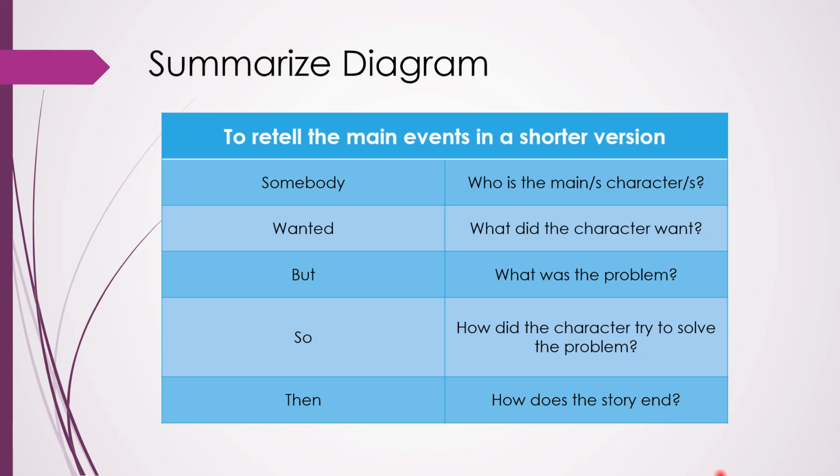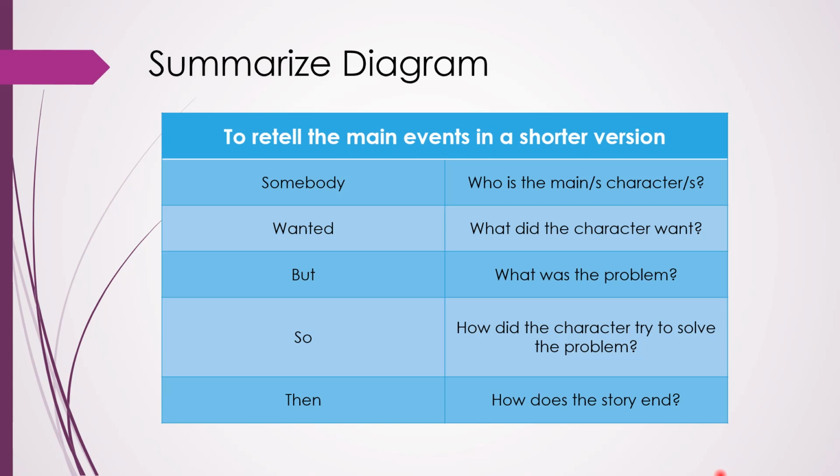What did the character want? What is the information they want to transmit? Then we have but. What was the problem? Then we have so. How did the character try to solve the problem? And then, how does the story end?